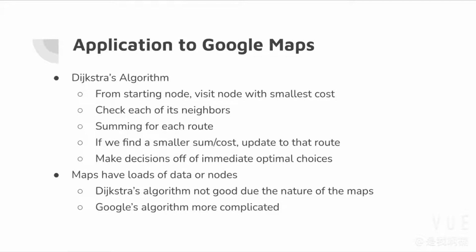So, application to Google Maps. Obviously, we don't know what Google Maps uses. It's not public, but we can tell that it's just one of the ways to figure out the shortest path problem.